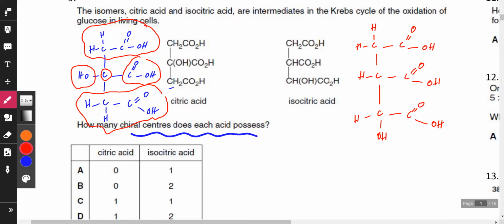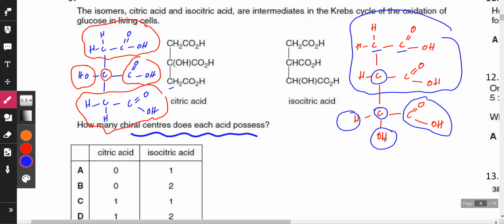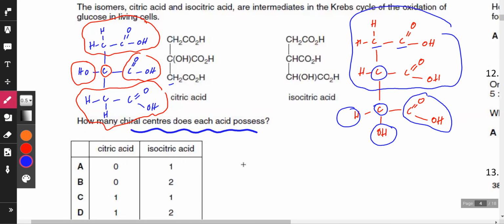Two. This is not chiral, this is not chiral, but this one is chiral now, because the top and the bottom are different. The bottom now has an extra OH. This one is also chiral because each side is different. So there are two chirals in this molecule.